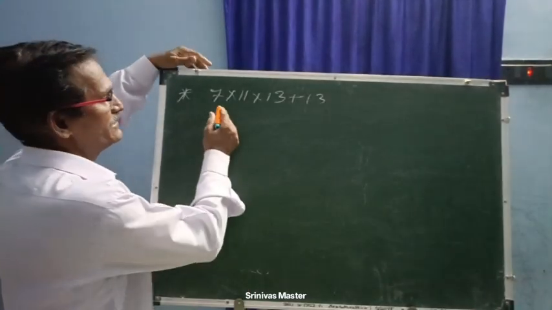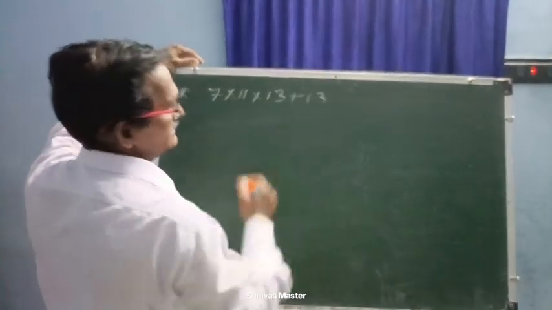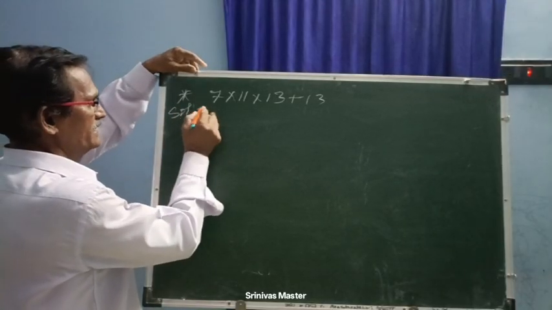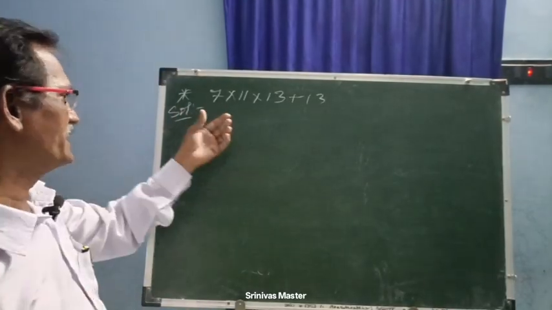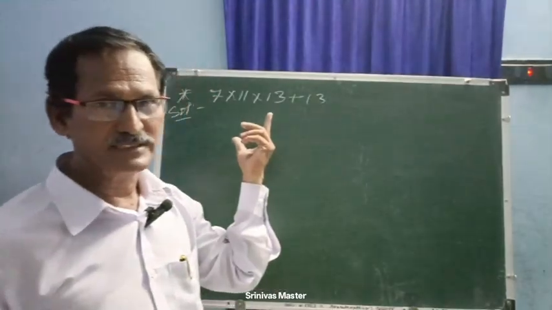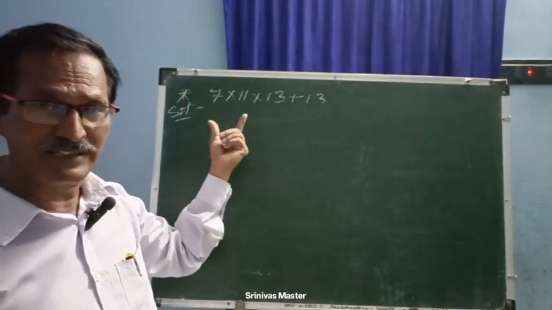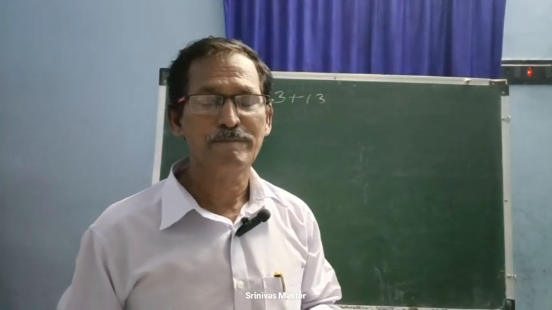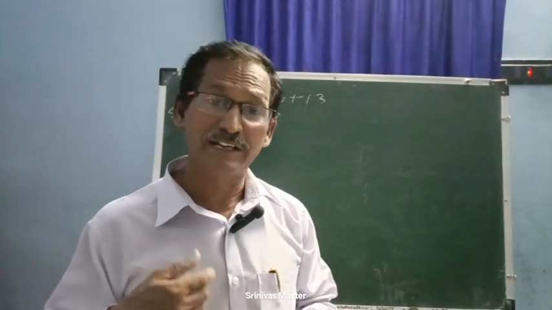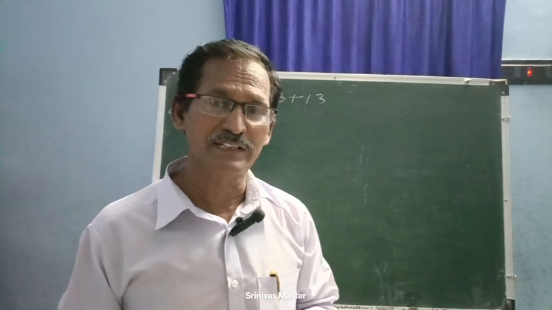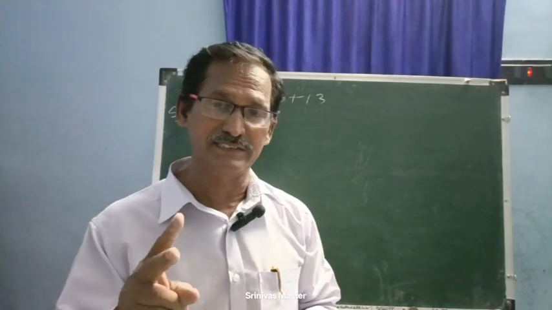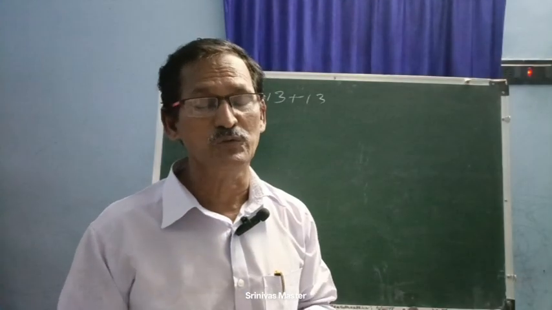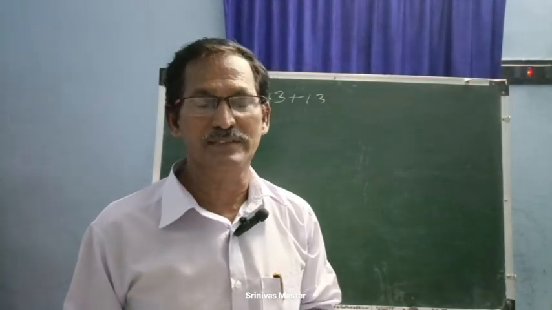See here, 7 into 11 into 13 plus 13. We can identify whether it is a composite number. Before simplifying, we must see what a prime number is. Prime number means how many factors it has? Exactly 2 factors. The numbers which have more than 2 factors are called composite numbers.